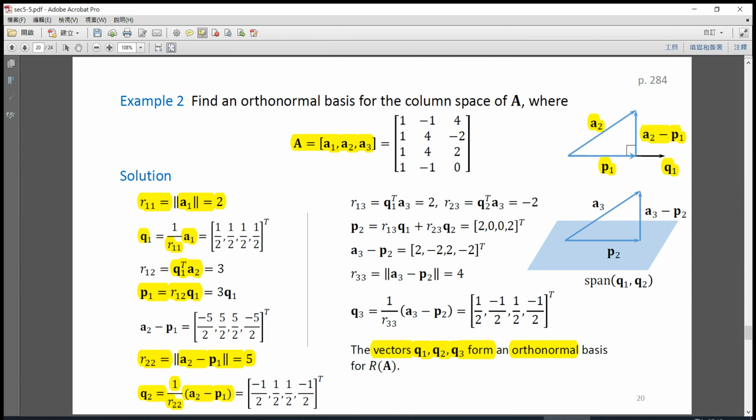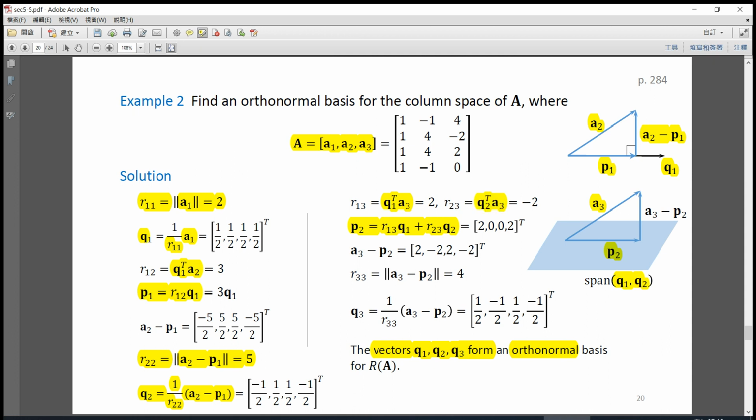Once we obtain Q1 and Q2, we can compute the projection of A3 onto the span of Q1 and Q2, which is P2. P2 equals R13 Q1 plus R23 Q2, where R13 is the inner product of Q1 and A3, and R23 is the inner product of Q2 and A3.